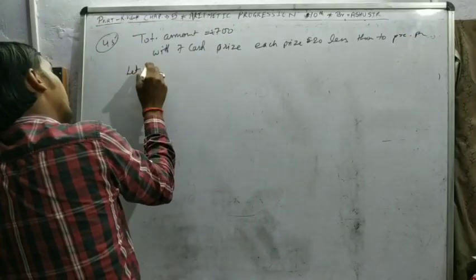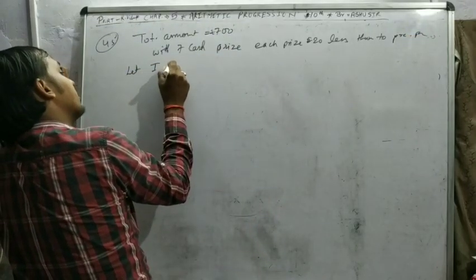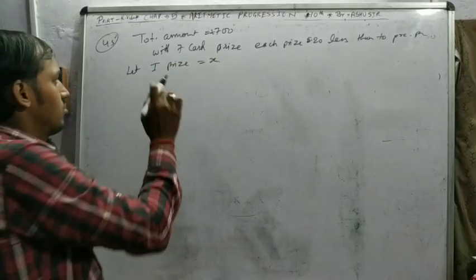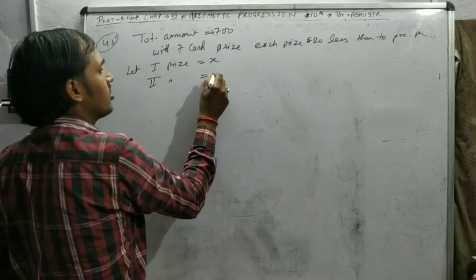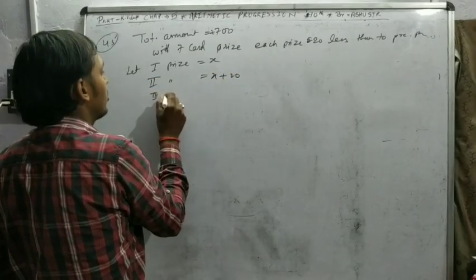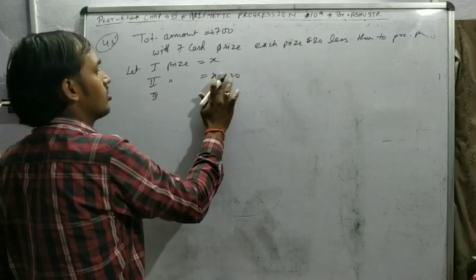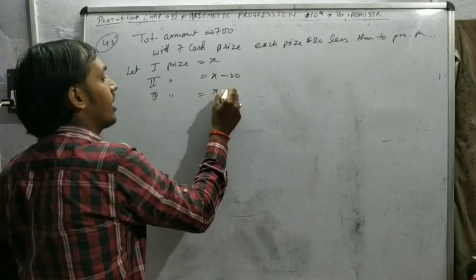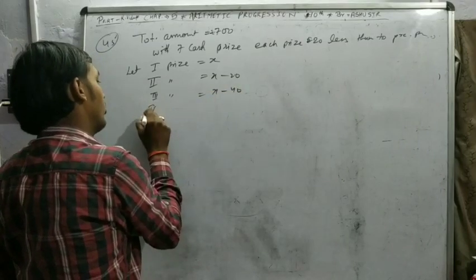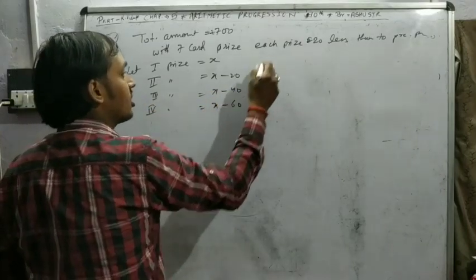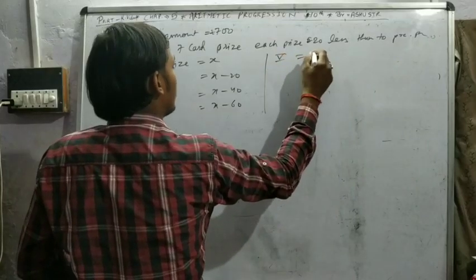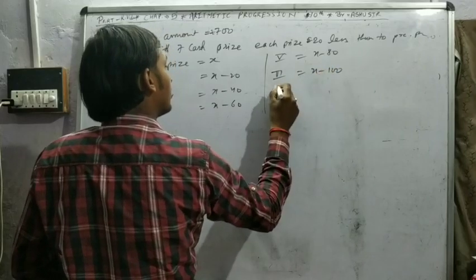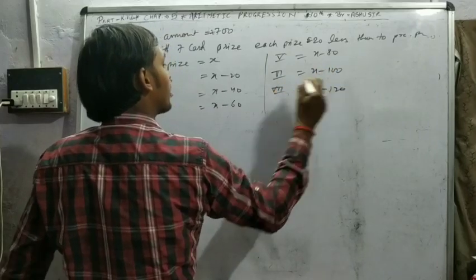Let the first prize be x. In a normal basic question, we write x, then x minus 20, since preceding means minus. Third prize x minus 40, fourth x minus 60, fifth x minus 80, sixth x minus 100, seventh x minus 120.